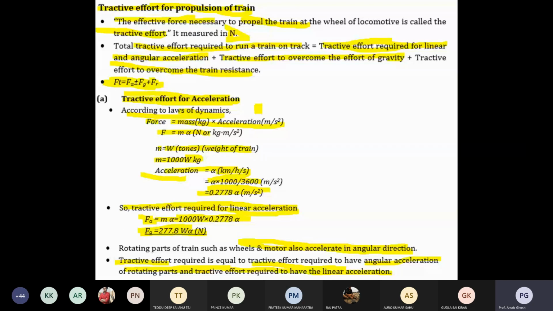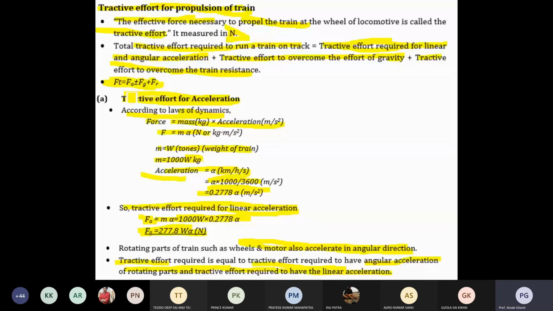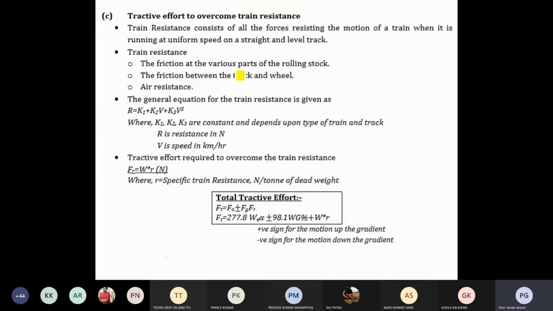So the last point, you can understand, is the tractive effort to overcome the main train resistance. So you have to know the value of train resistance, then you can say the exact value.